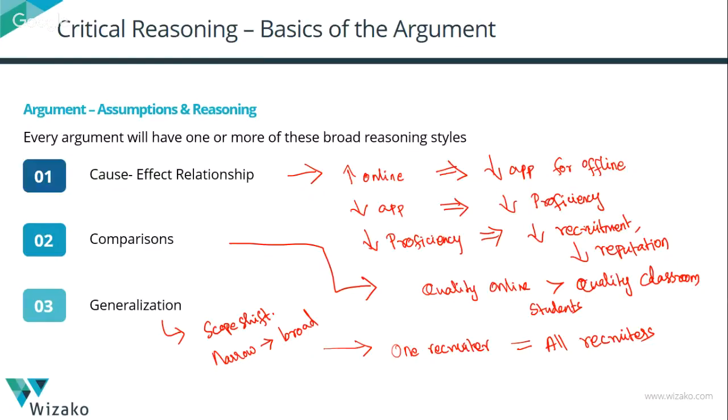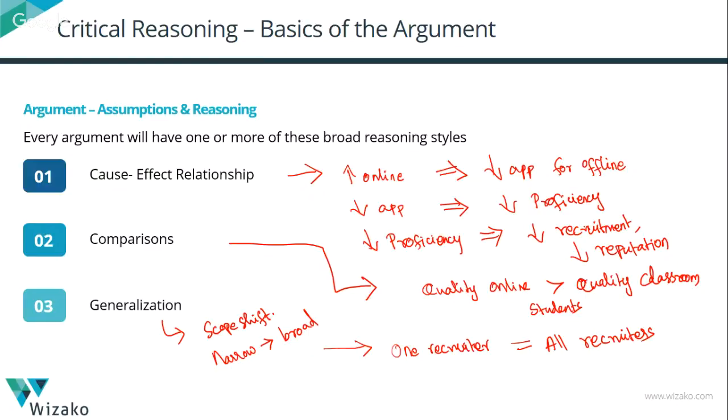Something else that could have been generalizations in the argument. The argument very specifically talks about online arts programs. Now be very careful and read till the conclusion and check that even till the conclusion we are only talking about the arts programs.